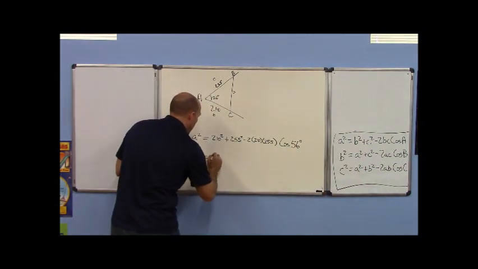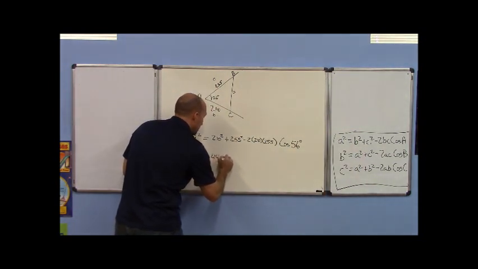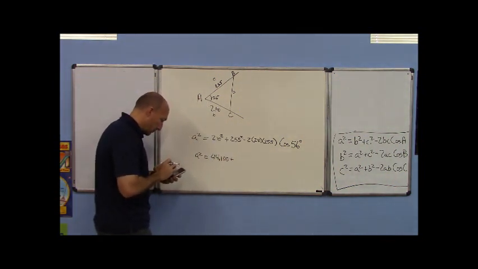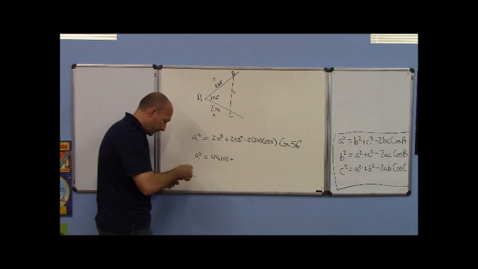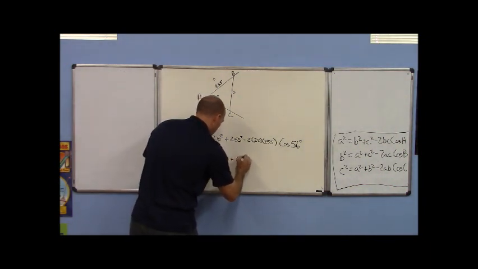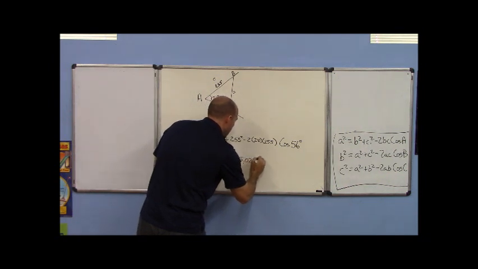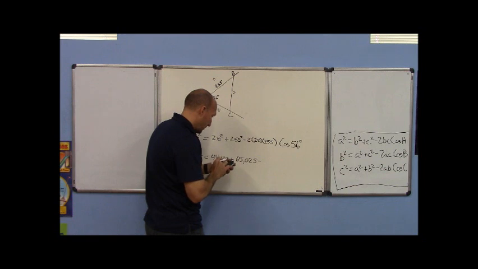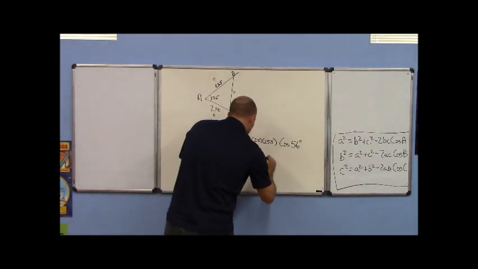So we have 44,100 plus 65,025 minus 210 times 255 times, minus 107,100.